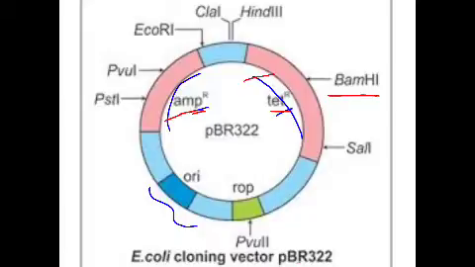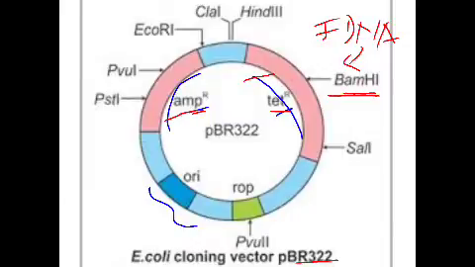If we talk about the vector PBR322 मा हेर्नु पर्यो भने चाहिँ अब हाम्रो alien DNA अथवा foreign DNA चाहिँ कहाँनिर ligate हुन्छ भने, this foreign DNA will be ligated in the site called BamHI मा of the tetracycline resistance gene मा चाहिँ हाम्रो insert अथवा ligation हुन्छ.